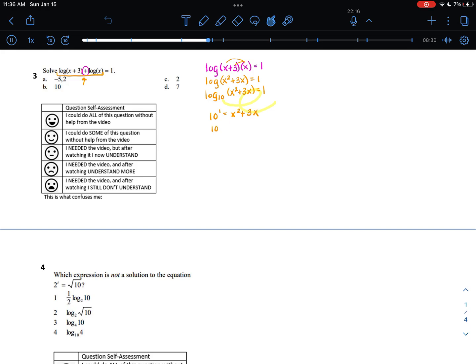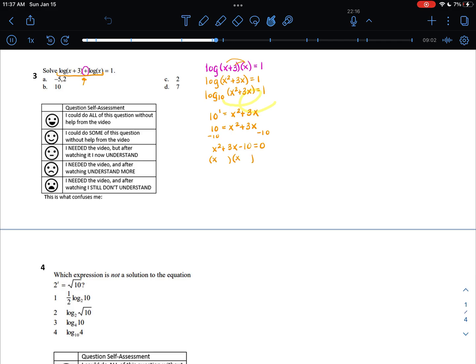10 to the first power is just 10 equals x squared plus 3x. If I subtract the 10, I get x squared plus 3x minus 10 equals 0. However, my answers are not polynomials, which means I'm going to have to factor this out and find the solution to this. So factoring it out, I know that I'm going to have an x for the first part.